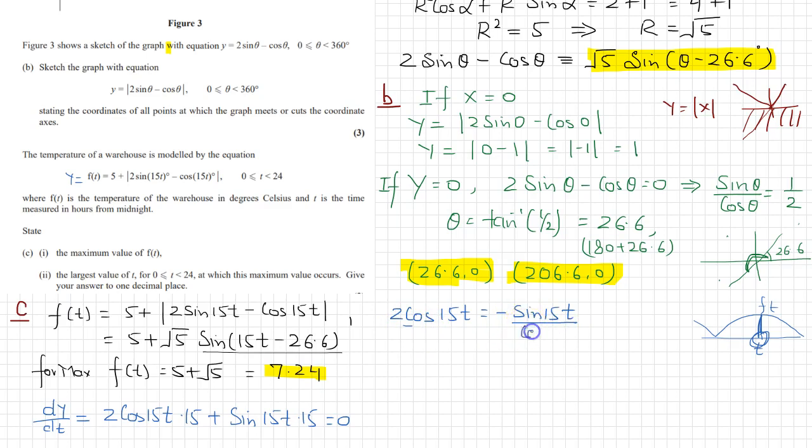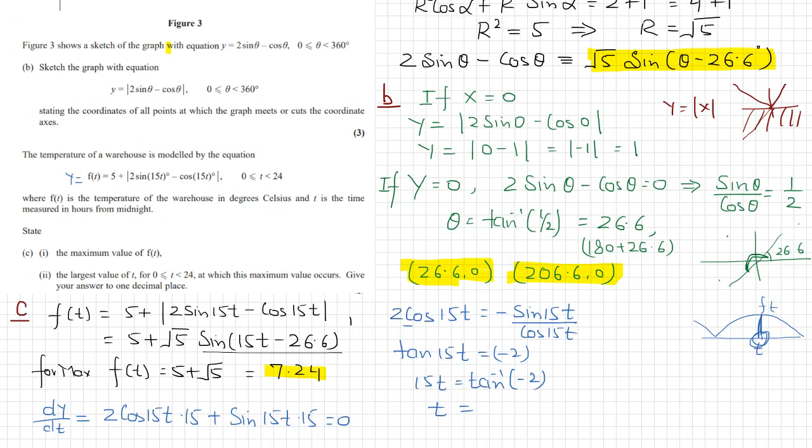Divide by cos 15t, so this will be cancelled. So we have tan 15t is equal to minus 2. So 15t is equal to tan inverse of minus 2.